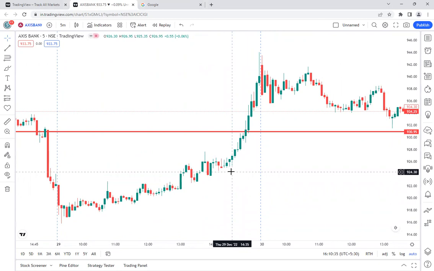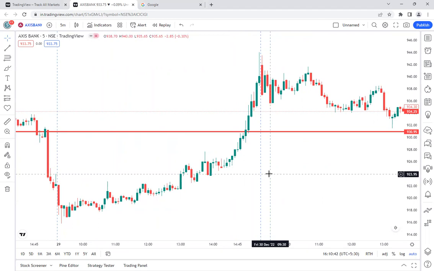That is the general expectation of most intraday traders, and that is the common psychology of intraday traders for the next session.